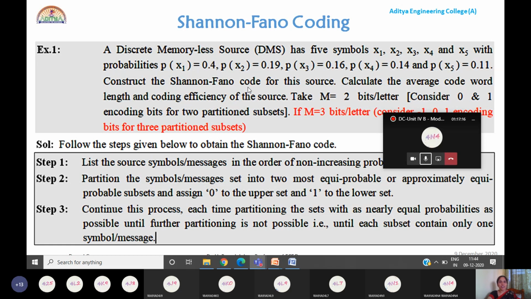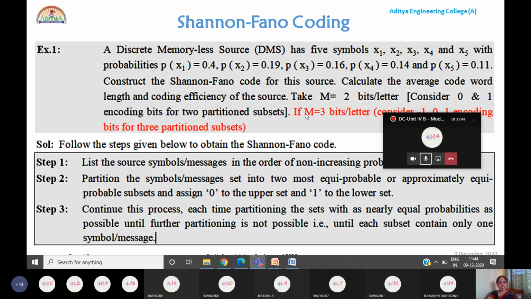Now construct the Shannon Fano code table for these source elements and calculate the average code word length and coding efficiency. So you must also calculate the entropy, because until you know the entropy, you cannot calculate the coding efficiency. Here m is equal to 3 bits per letter, it's given like that.